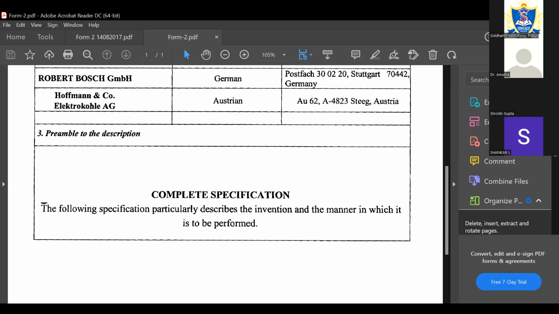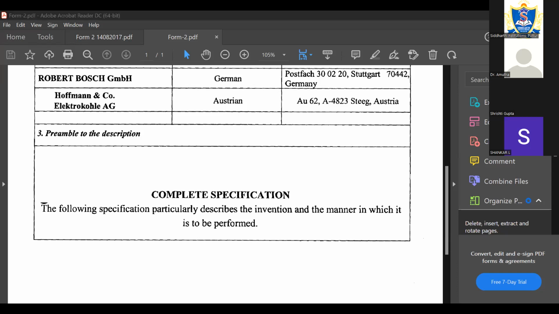So let me share the screen. Any doubt till now? If there is any doubt, you can interrupt me in between and ask me to continue. Let me share the screen of the PPT.